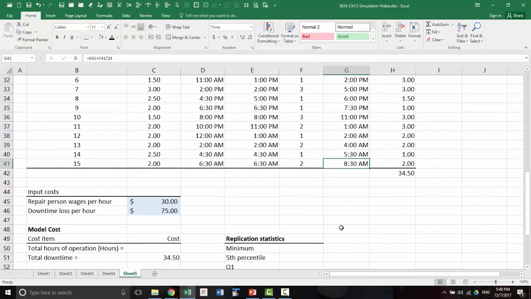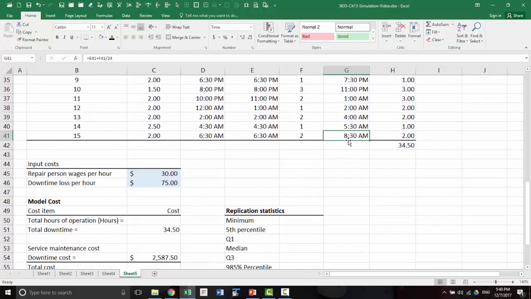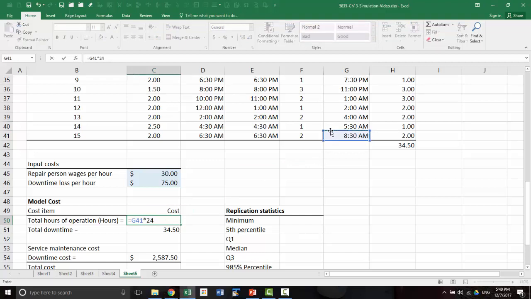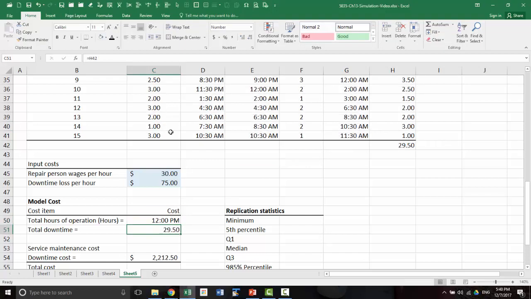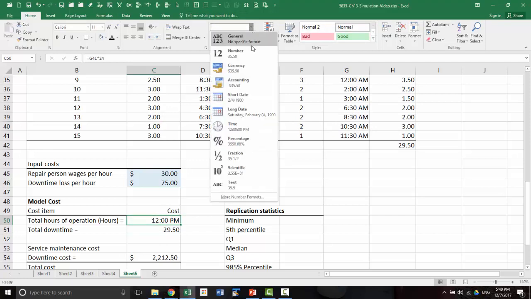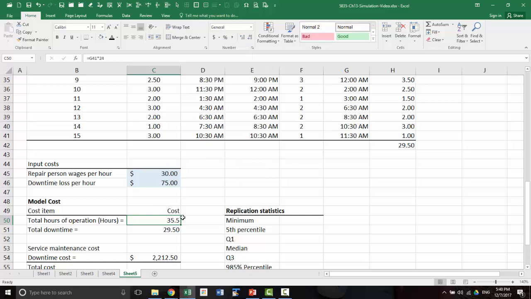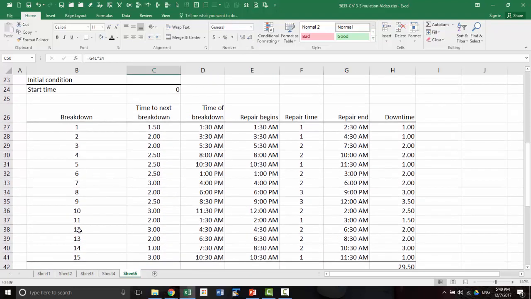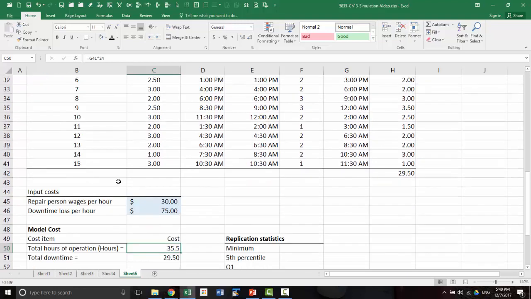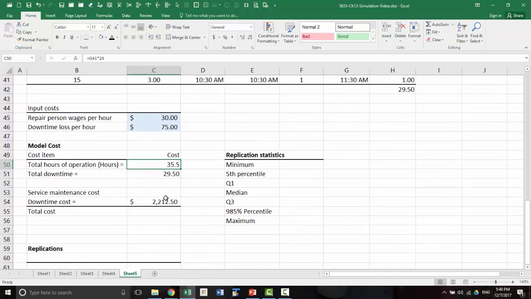That's what we need to look at, and that's clock time. So the hours of operation is, you take that and multiply by 24 hours, that will give you the total operation time. Of course, the format needs to change to general. So 35.5 hours. So it took 35.5 hours. Okay, the 15th breakdown ended at 35.5 hours.